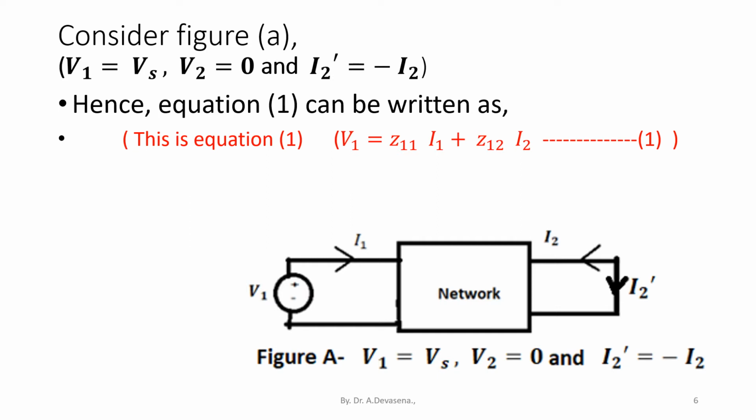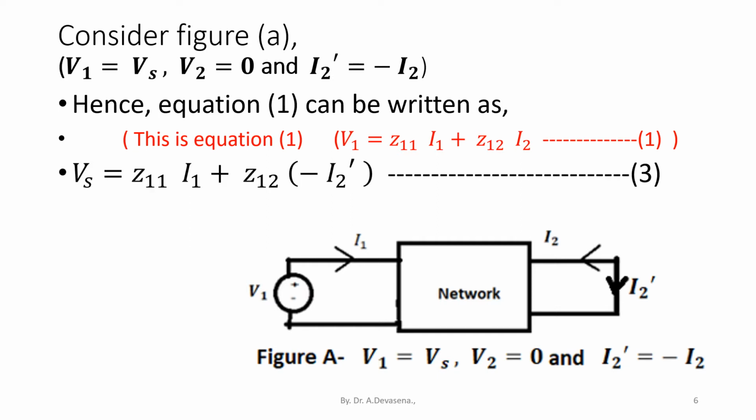So equation 1 becomes Vs is equal to Z11 I1 plus Z12, open the bracket, minus I2 dash, close the bracket. We have considered this as equation 3.